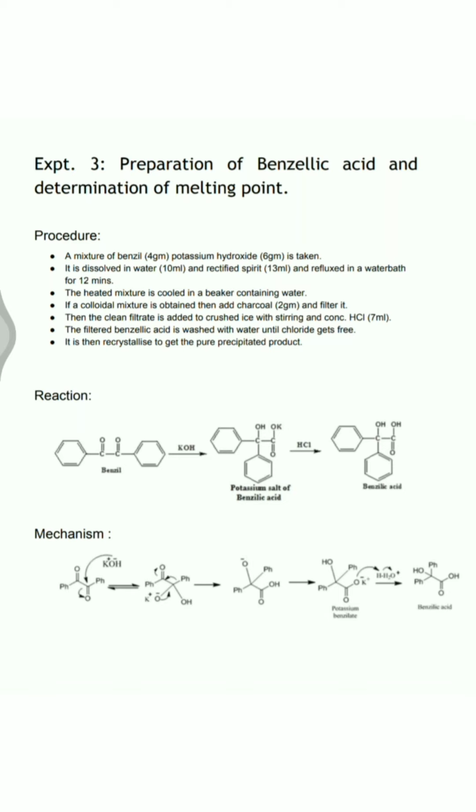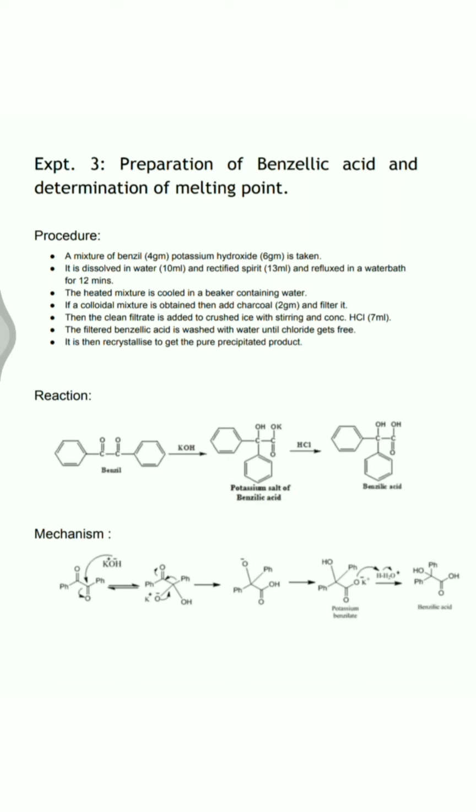Now let us take into account the reaction. Benzil is a dione, which contains two C=O groups, one of which we have to convert into an acid group, and correspondingly the other double bond O will be converted to OH.